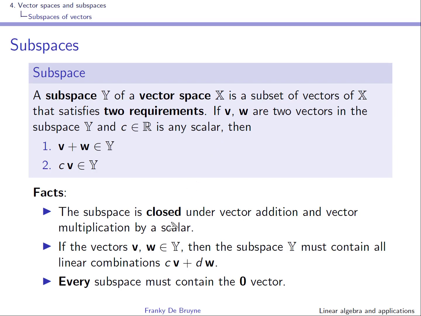So the subset is closed under addition and multiplication by a scalar, and this subset with these operations and with this closedness yields a subspace. Okay, so if you take any vectors v, w in this subspace, any linear combination of these vectors is also in the subspace, and every subspace of a vector space must always contain at least the zero vector.